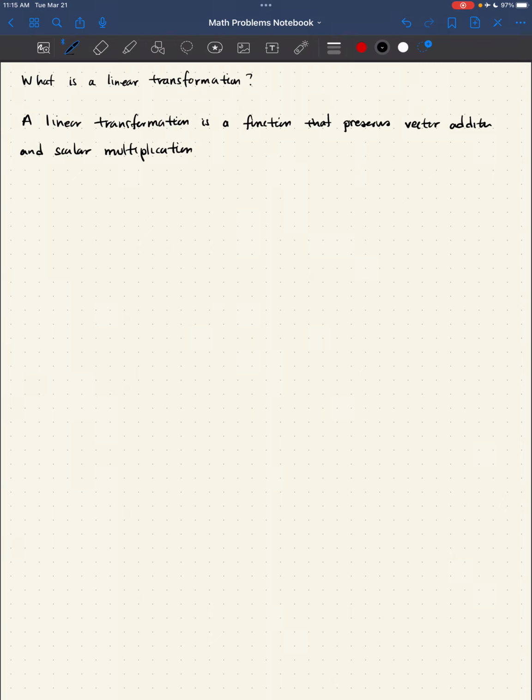Right? So now let's define it formally so that we can actually use it and distinguish which functions have this property.